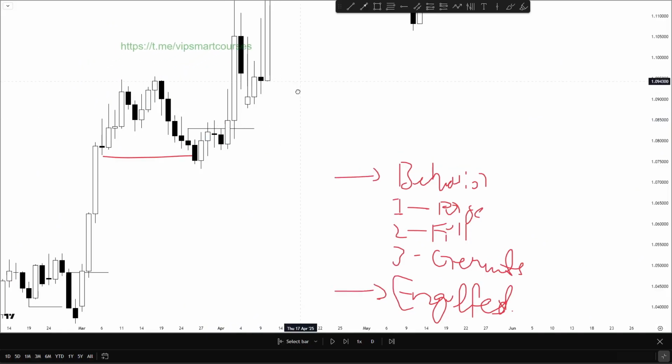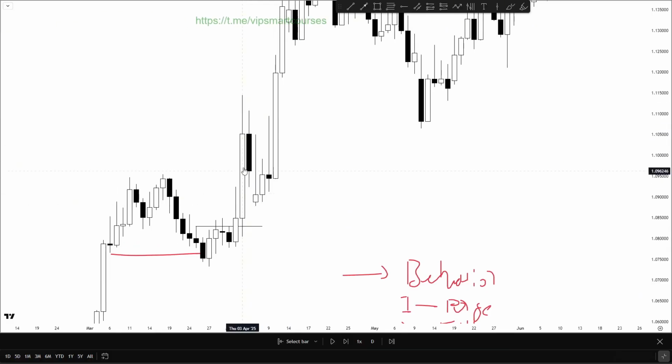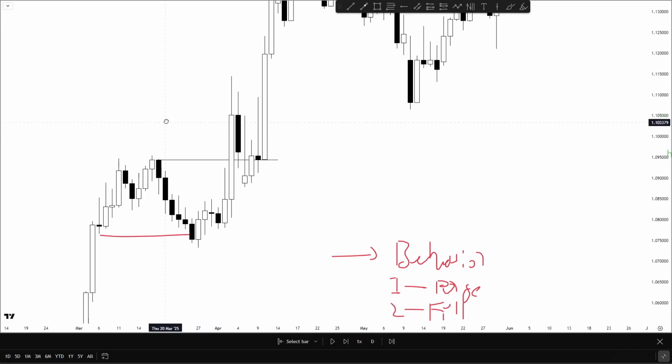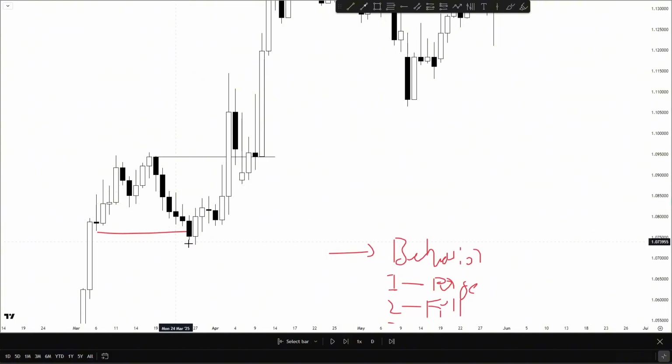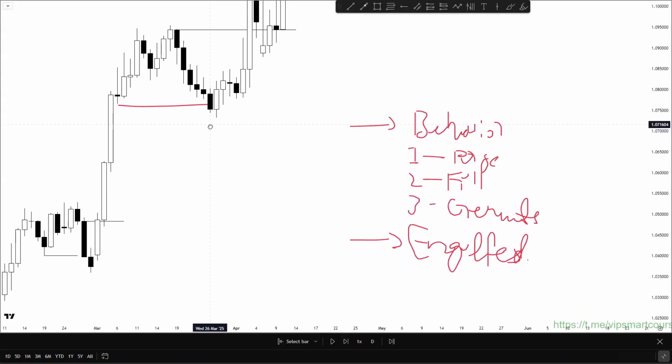At this point, when price closed above all of these consecutive candles as a whole, you would have chosen all of them as a single order block, and then you can see price tested it and expanded higher. This is basically the thought process behind choosing either a single candle or multiple candles as a single order block, and choosing between the wick and the body of a candle as an order block.